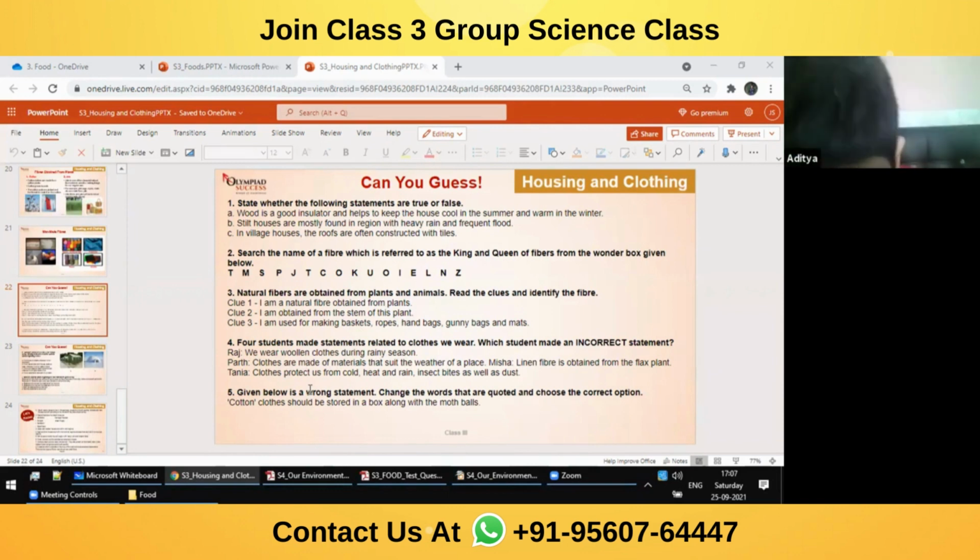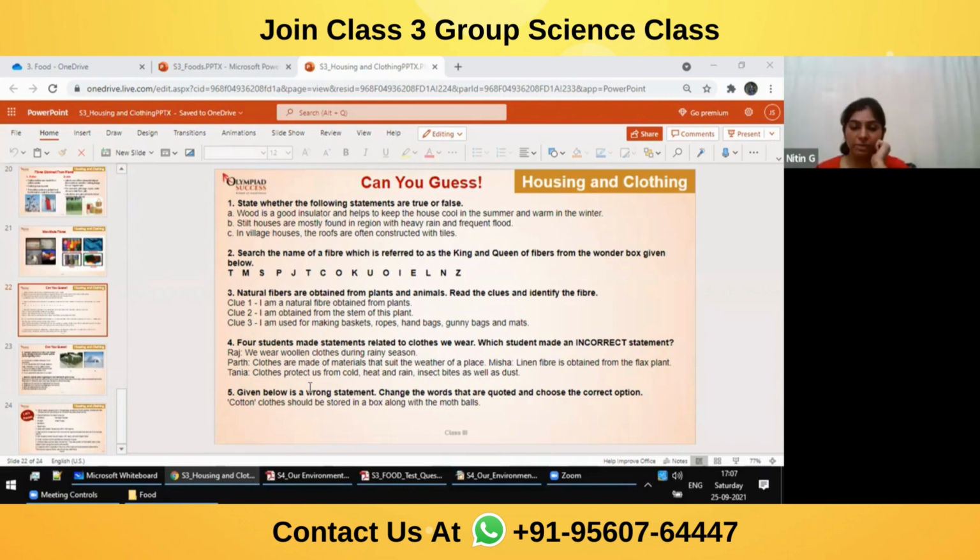Misha: linen fiber is obtained from the flax plant. Linen fiber is also a natural fiber which is obtained from flax plant. Clothes protect us from cold, heat, and rain, insect bites as well as dust.